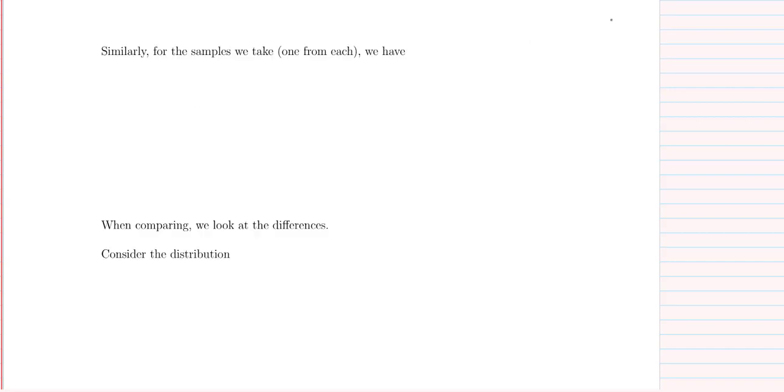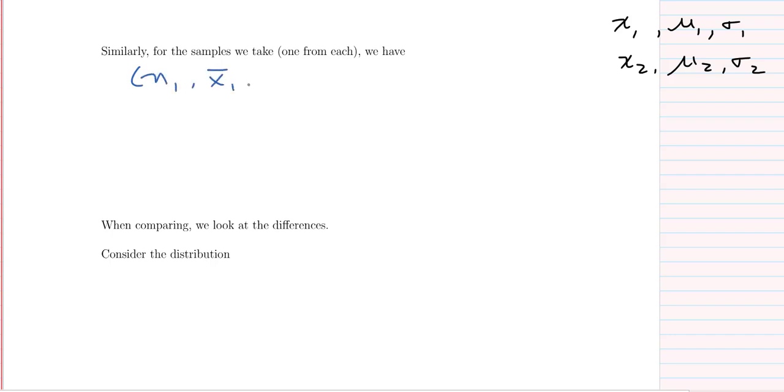From the population, we have x1, mu1, sigma1, this is our triple, and x2, mu2, sigma2, this is our triple. But if we're talking about samples, then the information we have would be n1, x bar 1, s1, and n2, x bar 2, s2.